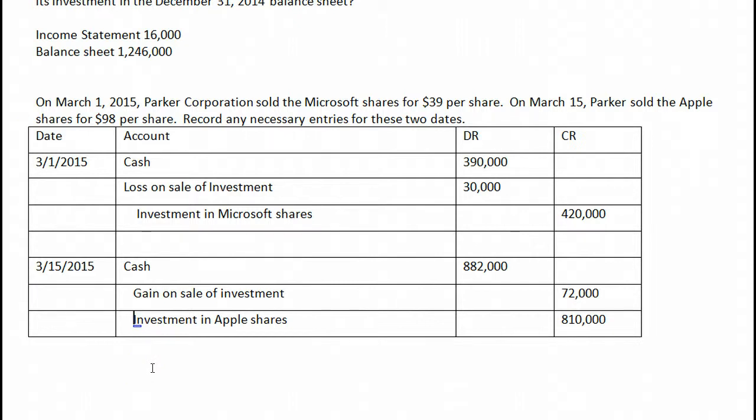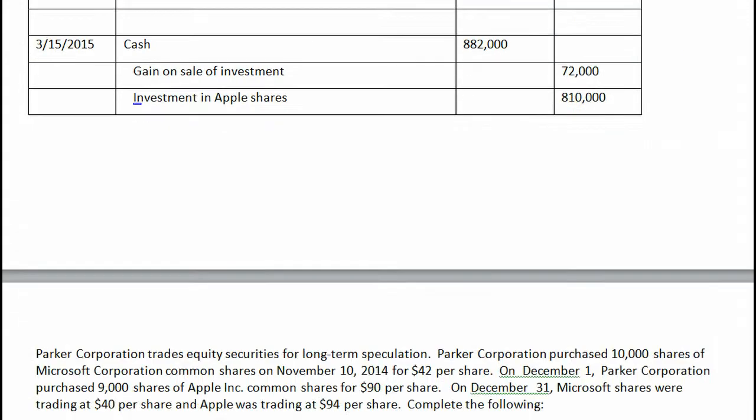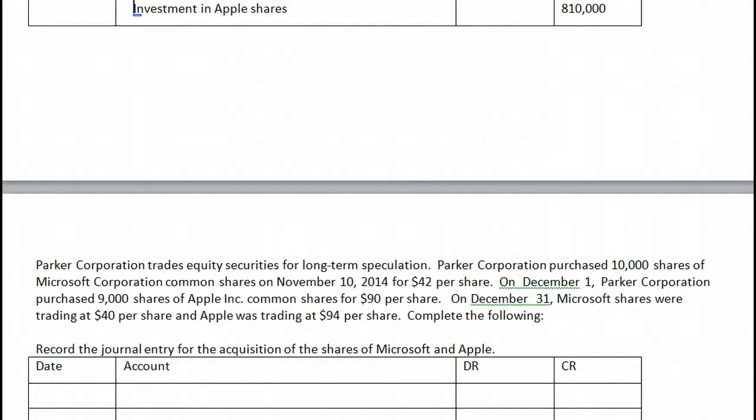Now, how would the entries appear if this were carried as available for sale securities? Let's review the exact same problem, except instead of being held in a trading account, they are treated as available for sale. I can really skip to December 31st.